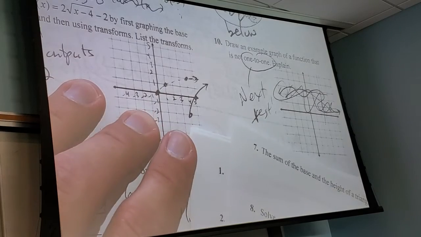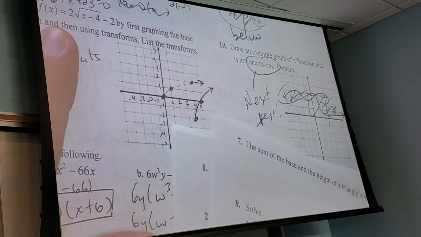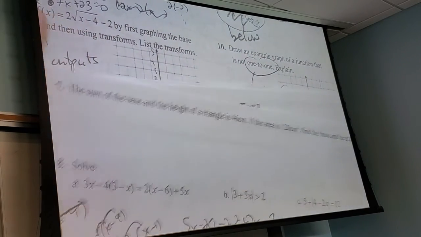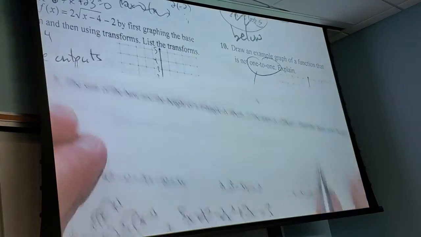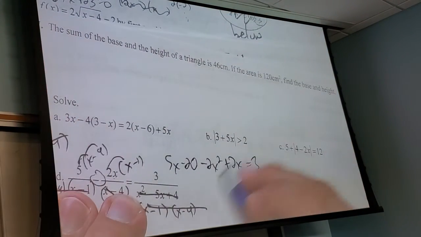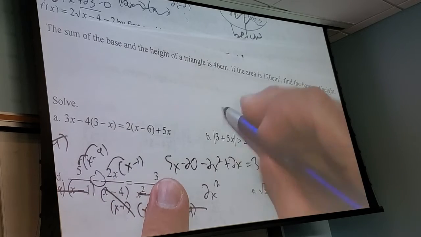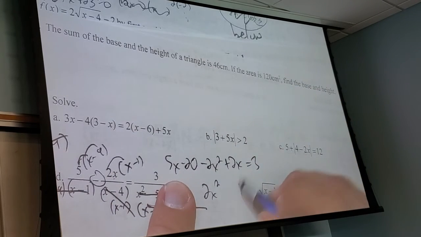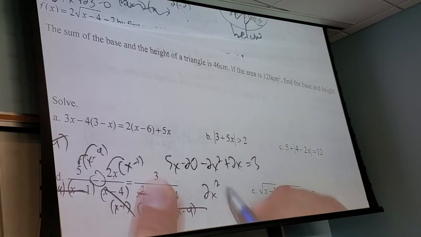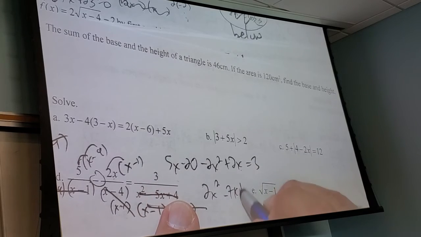Oh, I didn't even finish it. So let's see if I get the same thing. 2x squared, add 20, that's 23. 5x and 2x is 7x, and subtract 7x. Okay, so I do get the same thing.